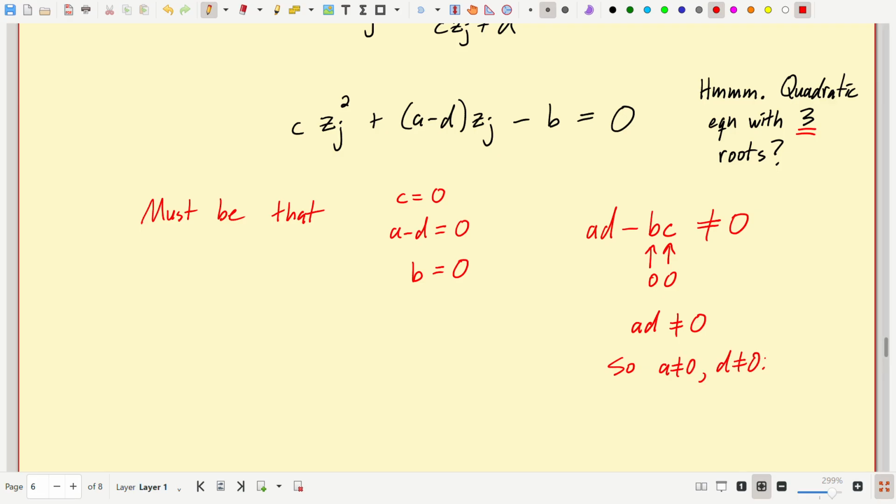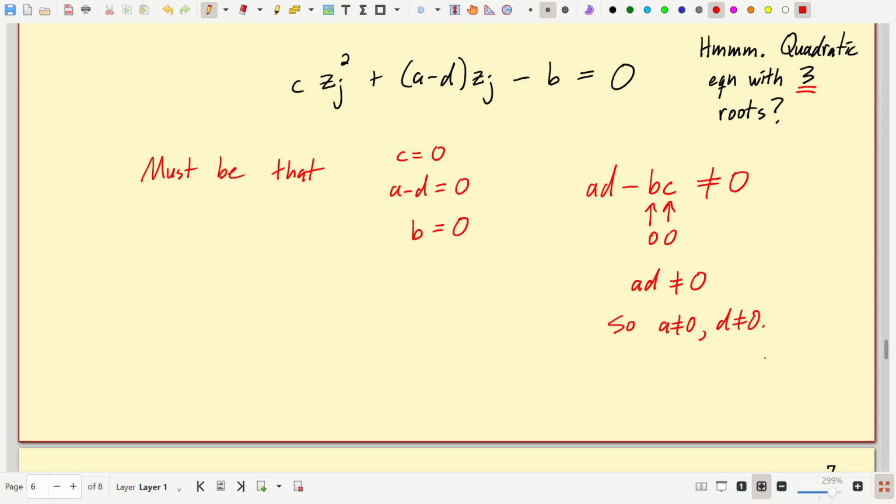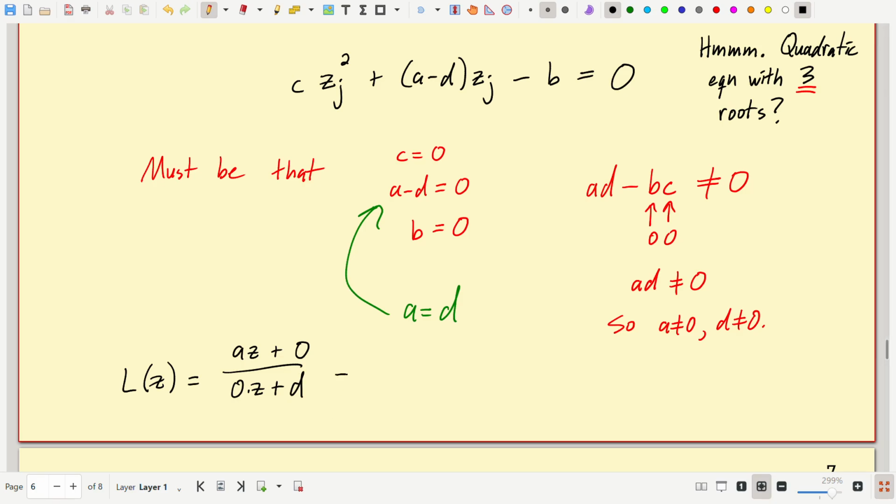And now this last equation says that A equals D. And so my linear fractional transformation is A times Z plus 0, over 0 times Z plus D, and A and D are equal.